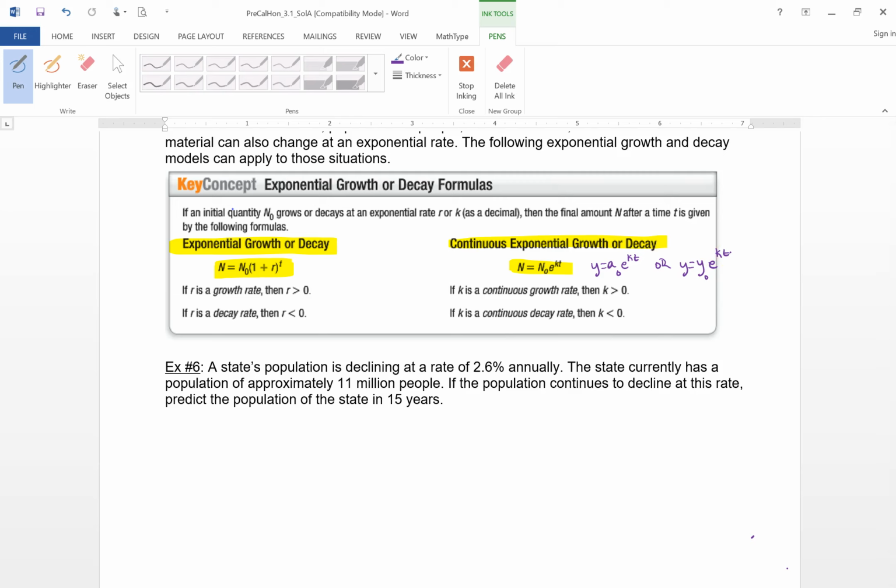They're all the same. n or y is the amount that you end up with. So this is the final amount. This is the initial amount. It's the same thing here. a naught is the initial amount, y naught is the initial amount. And in this case, it's usually y equals y naught (1 + r) to the t.